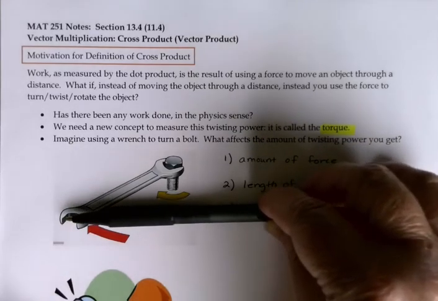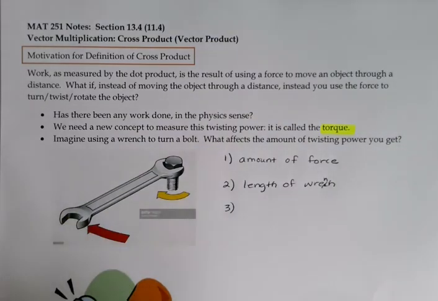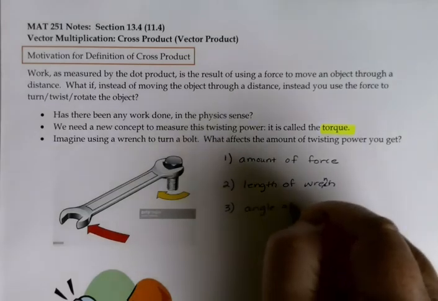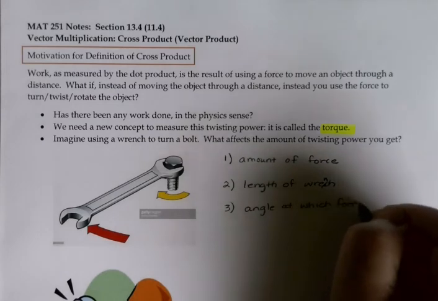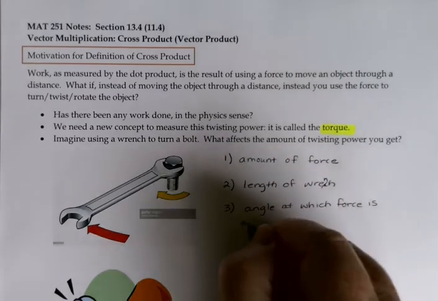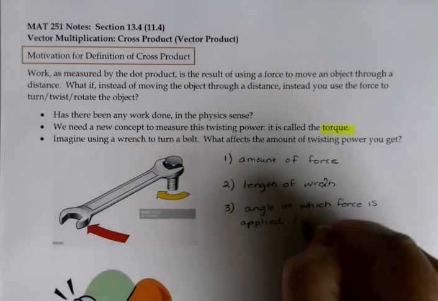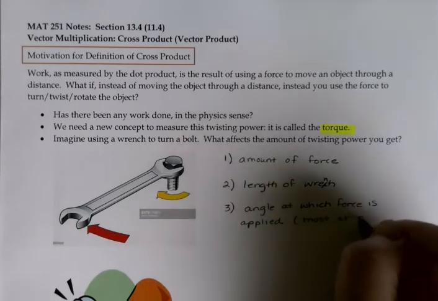You don't get to turn your bolt nearly as easily as you do if you use a nice 90-degree angle. So the angle at which the force is applied also affects the amount of power you're going to get. And we get the most at that 90-degree angle.